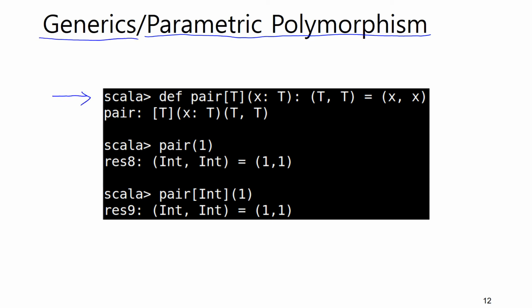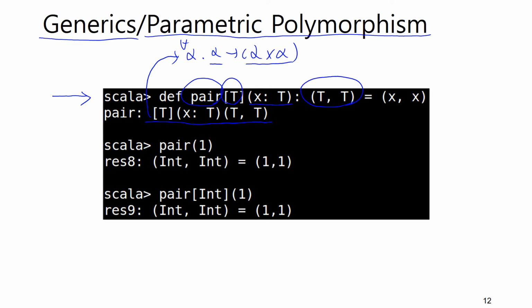Here's an example of defining a function pair which has a type parameter T and takes an argument of type T and returns a pair of type T. So its type is shown like this. It takes a while to get used to this form of syntax, but basically what it says is its type is ∀α. α → α × α. So it takes a value of any type α, and then it returns a pair of values of type α.